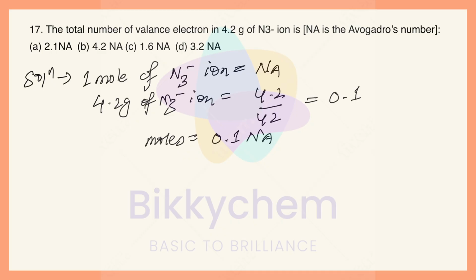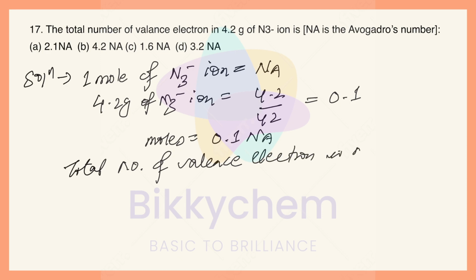So the total number of valence electrons in N3 minus ion equals 5 plus 5 plus 5 plus 1.